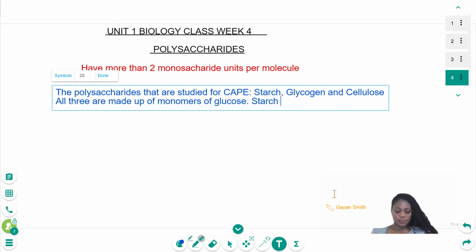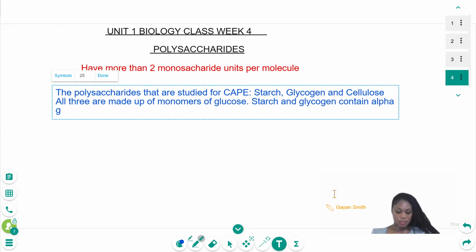Starch and glycogen contain alpha glucose. However, cellulose contains beta glucose.